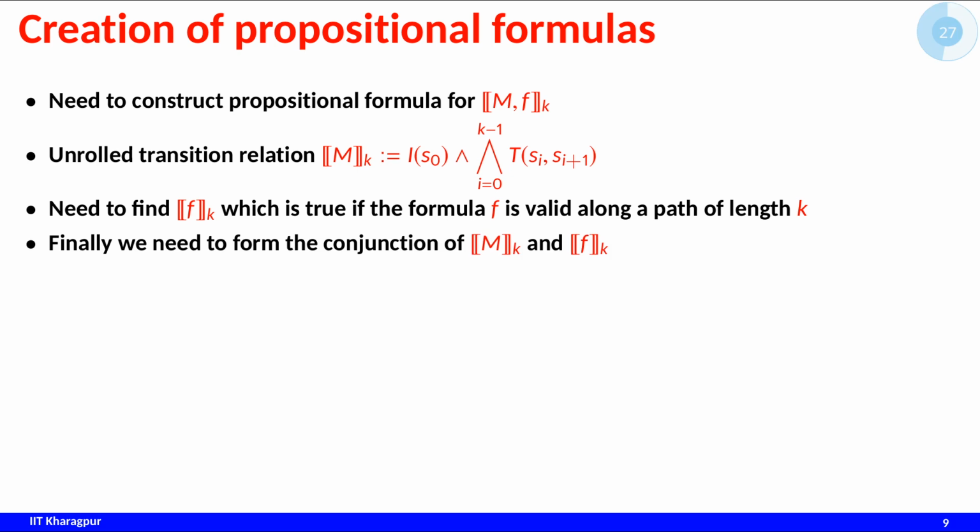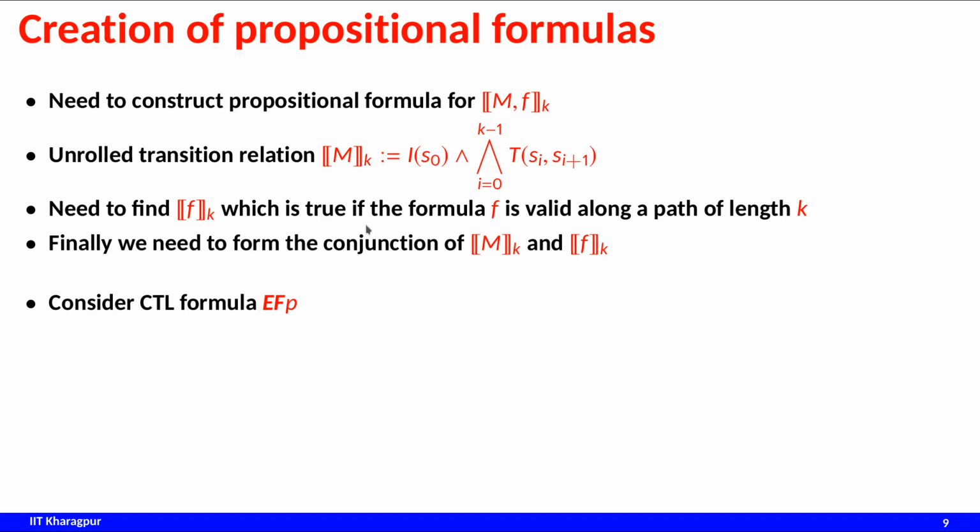So we need to unroll that too, and once we have this clause computed along with the unrolled system, what we need to do is a logical conjunction between this and this, and we can figure out whether it's satisfiable or not. We have to check the satisfiability of that big expression.